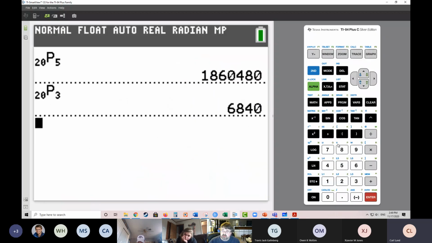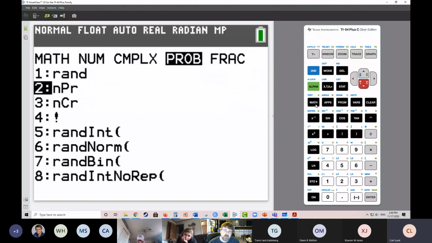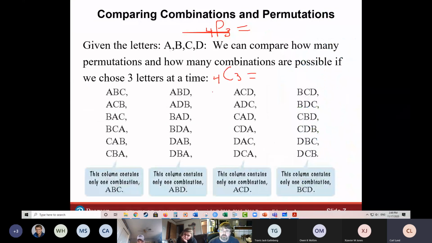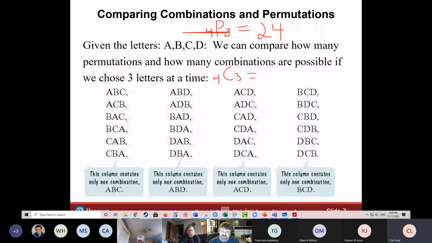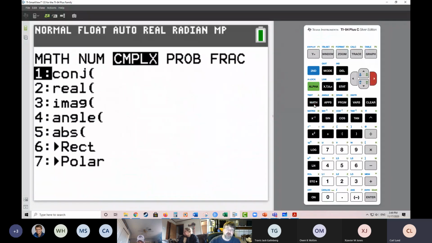And so just using the calculator, 4P3 is 24, which we would expect because there's 24 choices shown there. 4C3, we do combinations the same sort of way on the calculator.